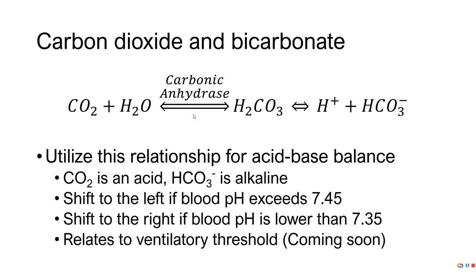CO2 is an acid, bicarb is alkaline, and so if we have high blood pH, which means we're alkaline, we're going to shift the equation towards CO2. We're going to create more CO2, which makes us more acidic. But if we're really acidic, then we'll shift the equation this way, so we're creating more bicarb. And this will be tied into something called ventilatory threshold that will be coming up next week.